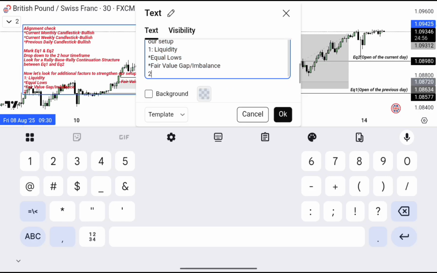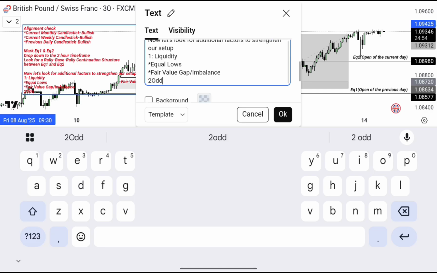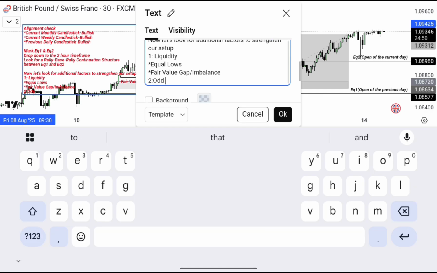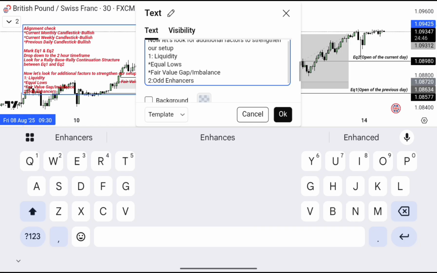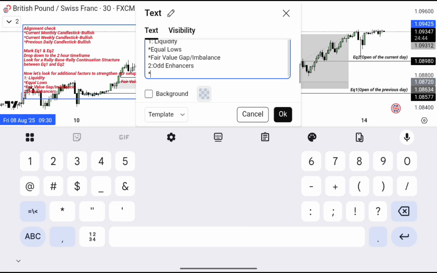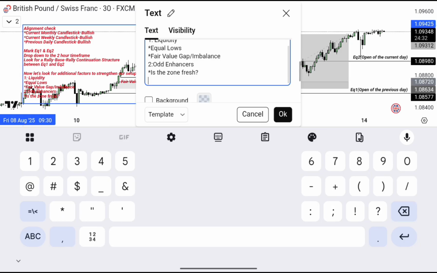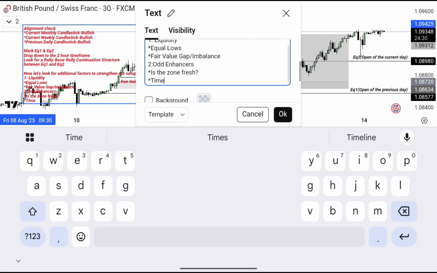So now let's move to our odd enhancers, right? Odd enhancers is just a simple checklist to check if the zone that you have meets the minimum requirements of the approach that we're using. Remember, we are using the alignment methodology, which is like the IOF methodology.